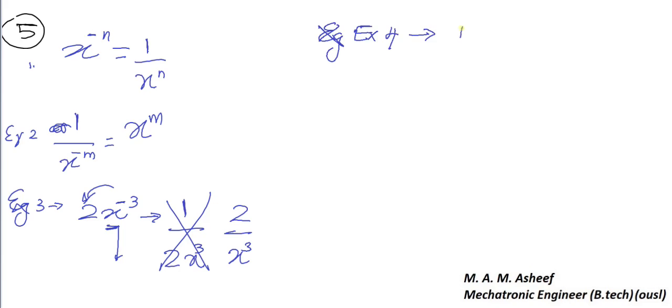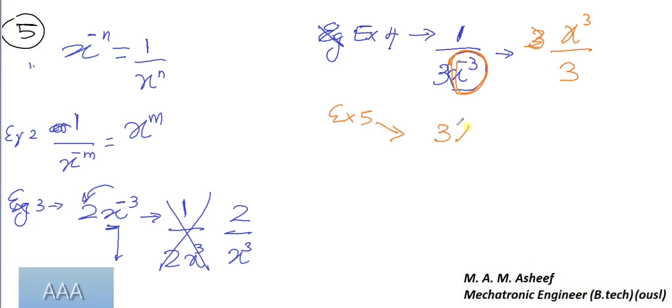If it is 1 over 3x to the power minus 3, how do we change it? You only have to change this part, because only that has the minus power. The power of 3 is 1, so x to the power 3 will come up, and 3 remains the same. Next, 3 into 2 to the power minus 3.